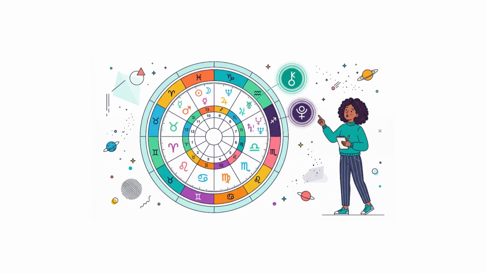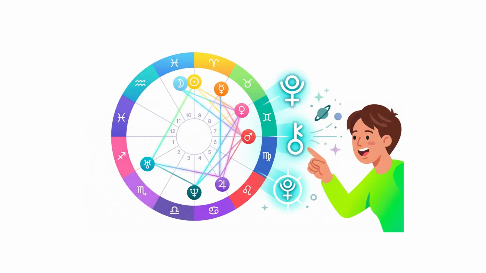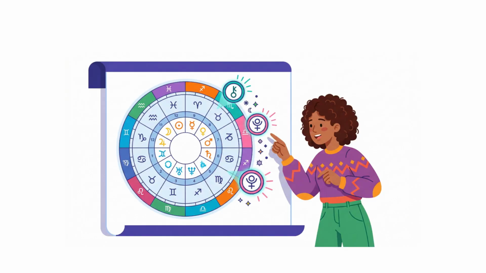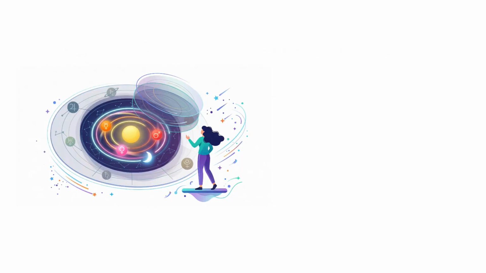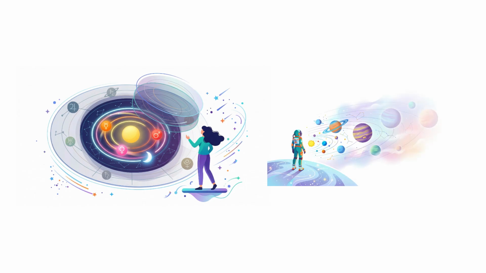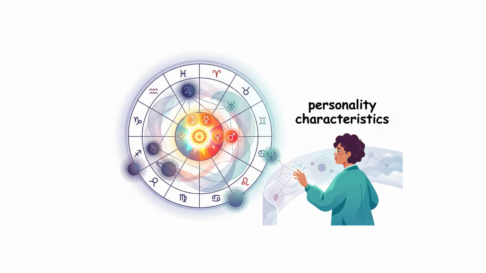After that come additional bodies such as Charon, a minor celestial body, and Pluto, a dwarf planet. The next step is to analyze their house and sign placements. Keep in mind that as you move farther out to the more distant planets, the personality characteristics they represent become deeper and less obvious.